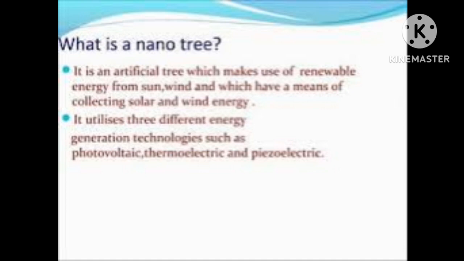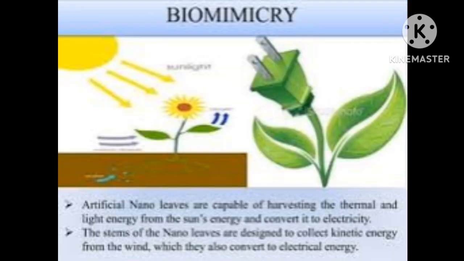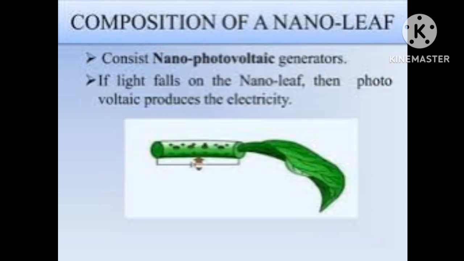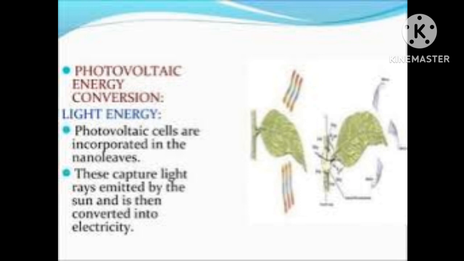This solar botanic tree has nano leaves that convert solar power into electrical energy. Electrical energy is created by this tree in three ways: light, heat and wind.